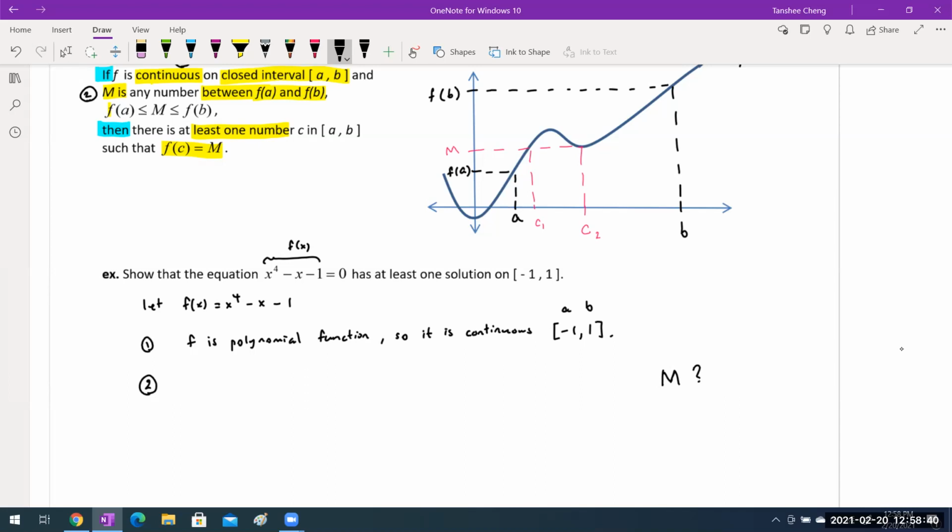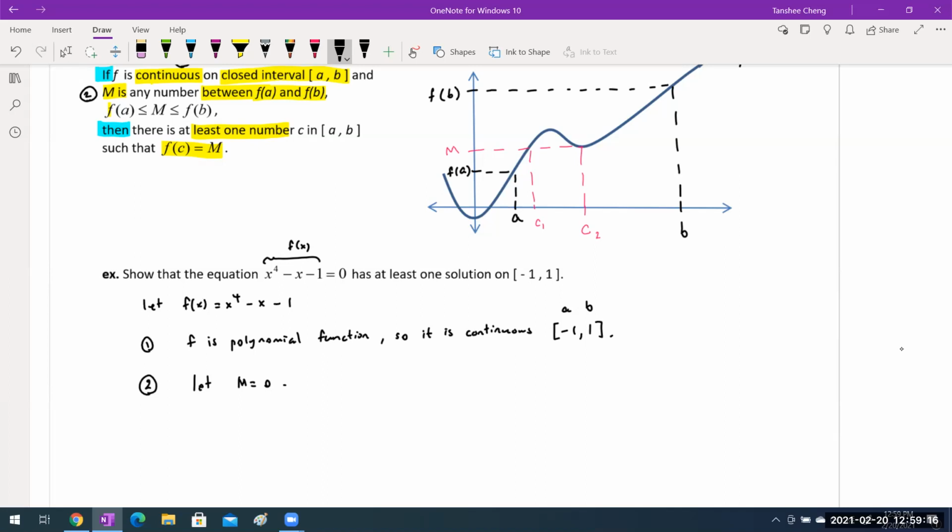So the m we want is the value where the function equals 0, which x value is going to make it 0. That means the solution. So let m be equal to 0, because we want to show that there is at least one solution that exists.